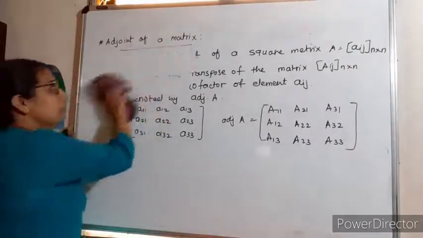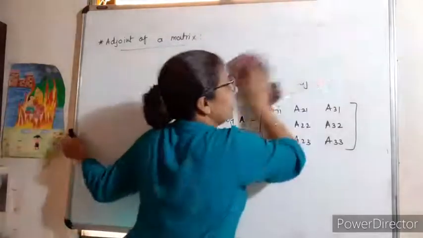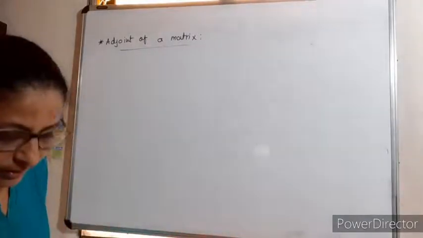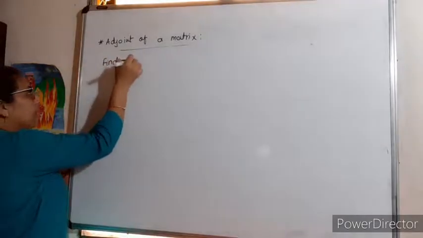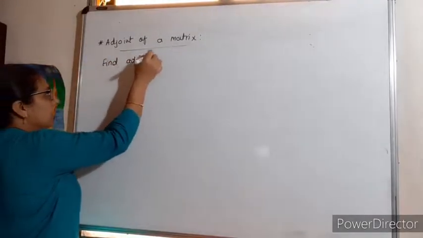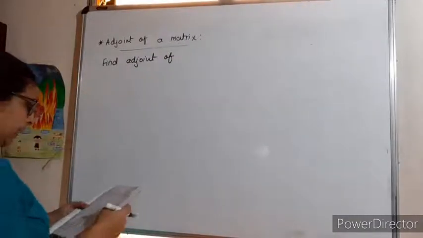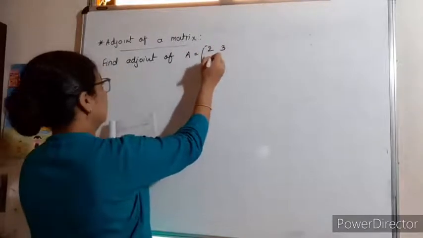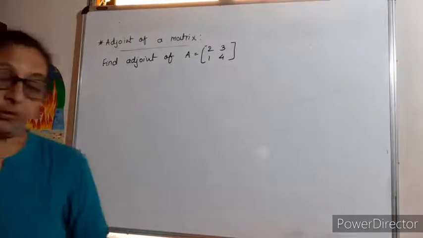Okay, so first we will take the adjoint of a 2 by 2 matrix. We will find the adjoint of A, with rows 2, 3 and 1, 4. 2, 3, 1, 4, right?